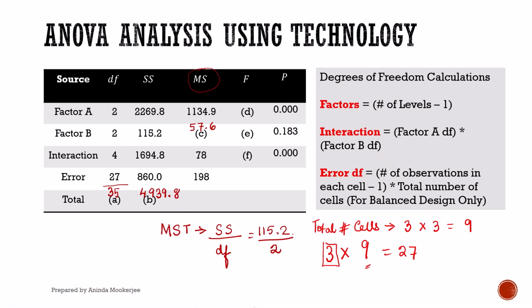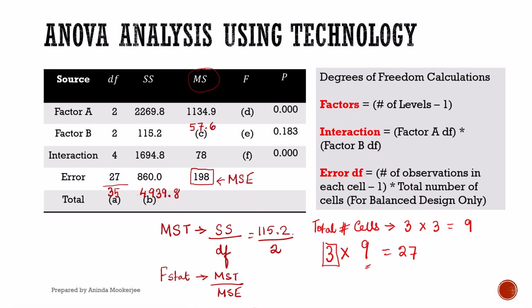What about D? D is the F statistic corresponding to factor A. The formula for the F stat is MST over MSE. Now here the MSE has a value of 198. This is our MSE. So you just take the numbers of MS for each of these sources.